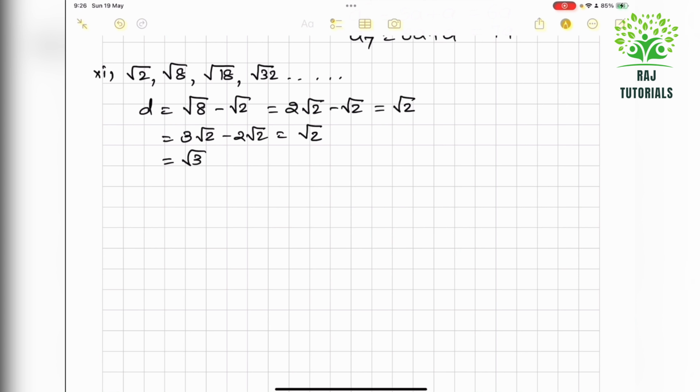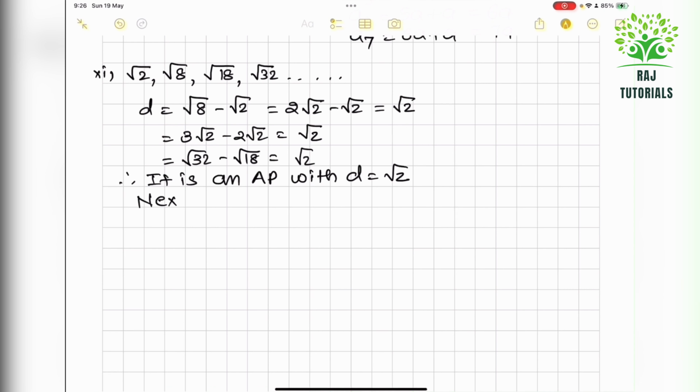Then root 32 minus root 18 also will come as root 2. So common difference is coming same. So therefore it is an AP with D equal to root 2.